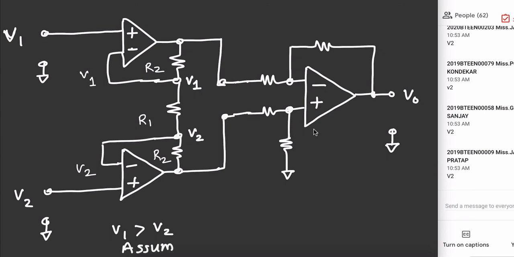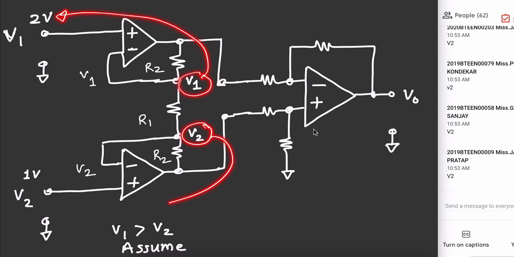This may not be always true. If it is not true, we'll check what happens. So suppose V1 is larger, V1 is say 2 volts and V2 is 1 volt. Then this V1 will be 2 volts and this V2 will be 1 volt.